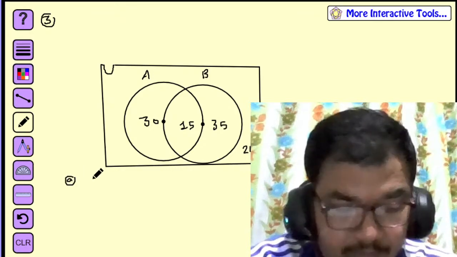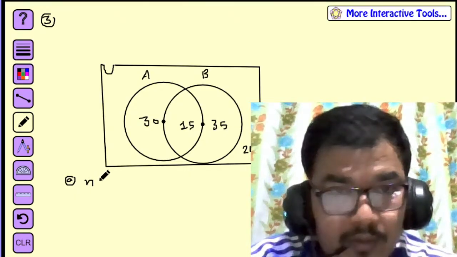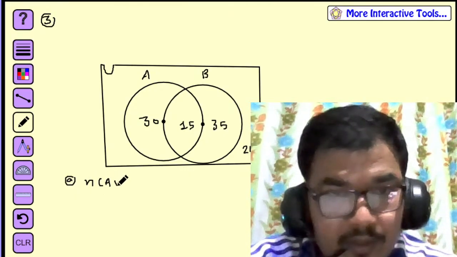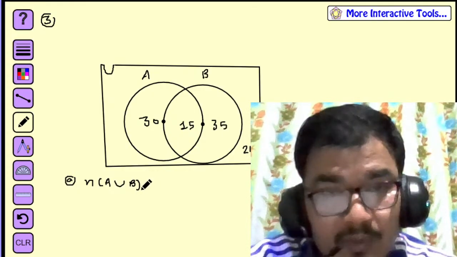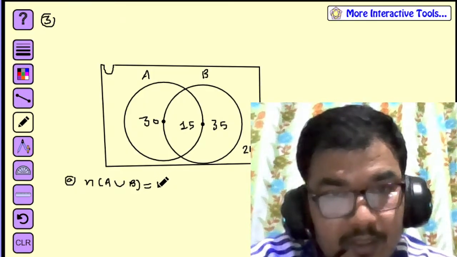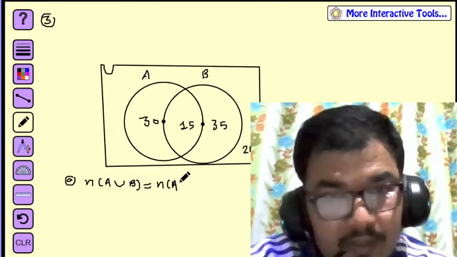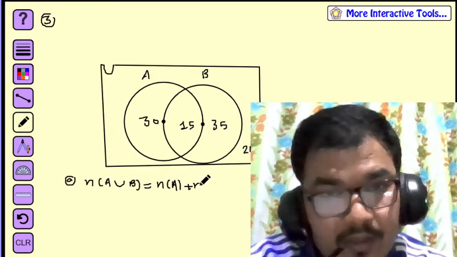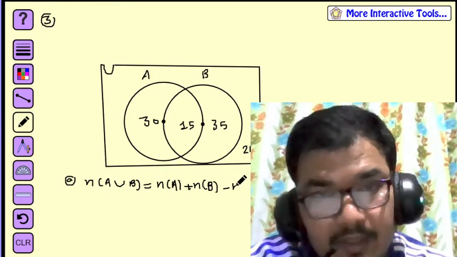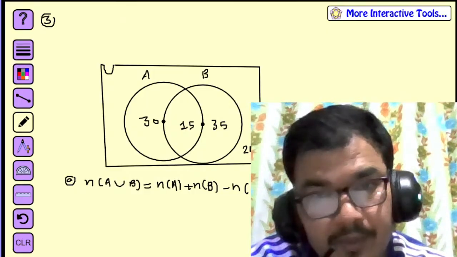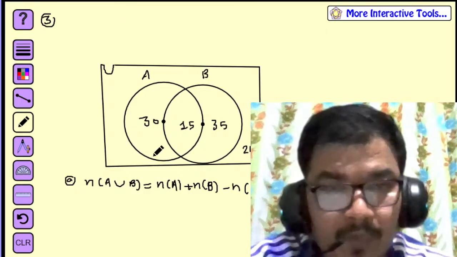If it is asked to write the formula of n(A union B), in this case, look here, these are overlapping sets, so you will use n(A) here, another you will write n(B), and another you will write minus n(A intersection B). You use this formula for this condition.